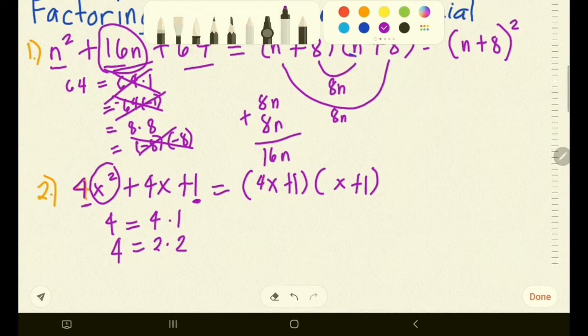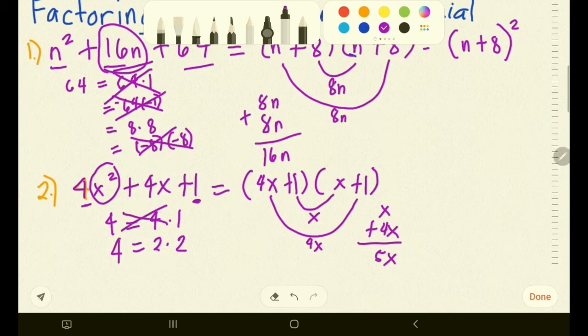You can have here 4x and x. Let's check. 1 times x is x. 4x times 1 is 4x. You add x plus 4x, that is 5x. We didn't get the correct middle term, so we cannot consider this. How about 2 and 2?